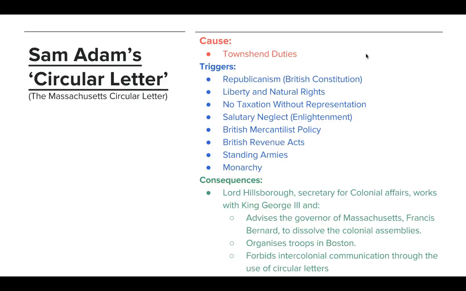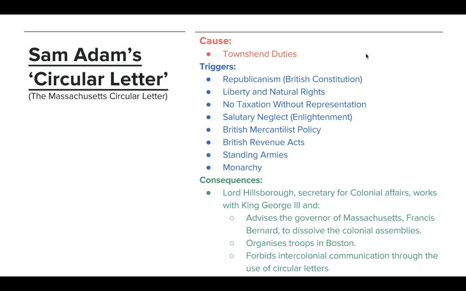Lord Hillsborough, who's the Secretary for Colonial Affairs in Britain, works with King George III to do the following. He advises the Governor of Massachusetts, Francis Bernard, to dissolve the colonial assemblies. He then organizes troops in Boston and he forbids intercolonial communication through the use of circular letters.